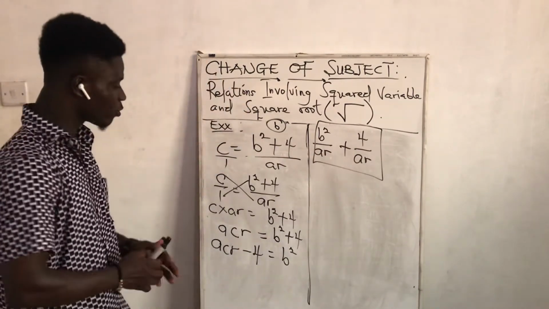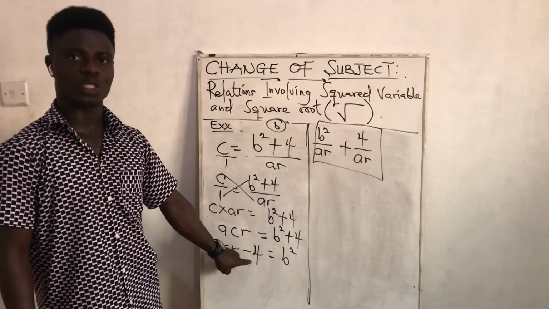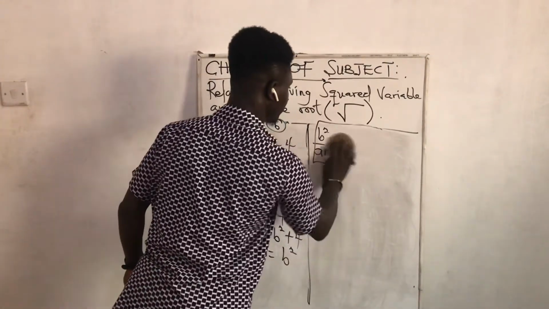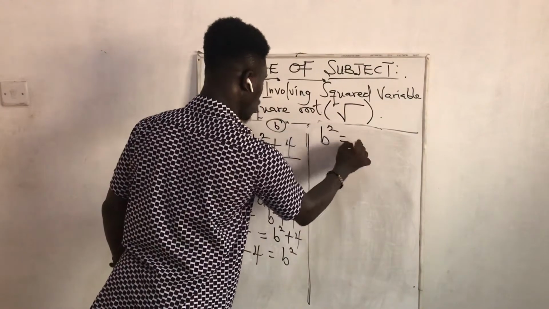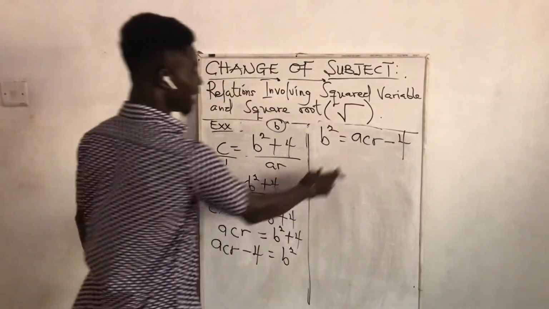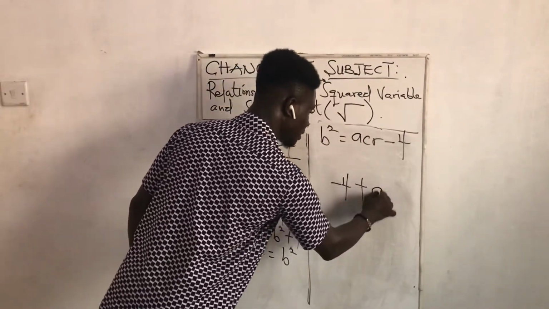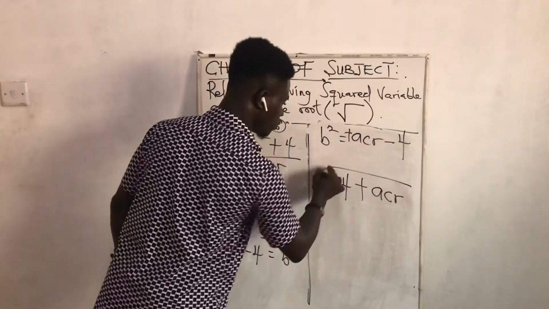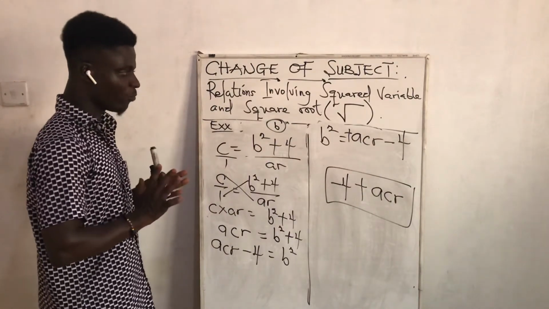So we've transposed this positive 4 to negative 4. So proceed as b squared equals acr minus 4. Don't forget that acr minus 4 is the same thing as minus 4 plus acr, because this one is positive and this one is negative. So you can write it like that. It's the same thing. Don't be confused.